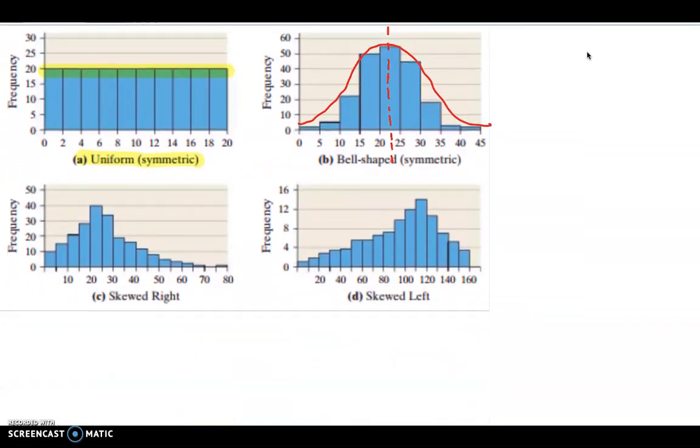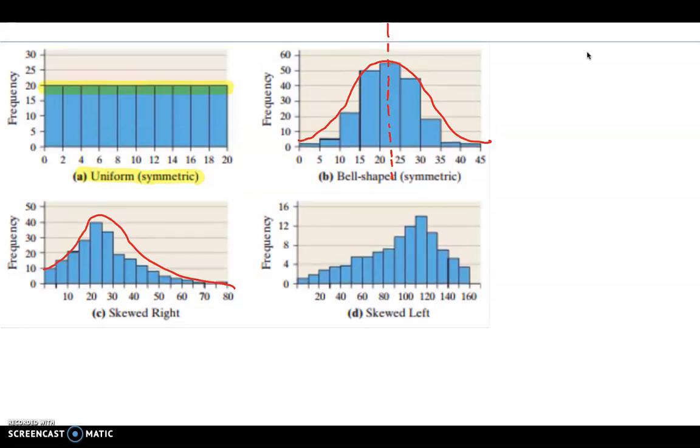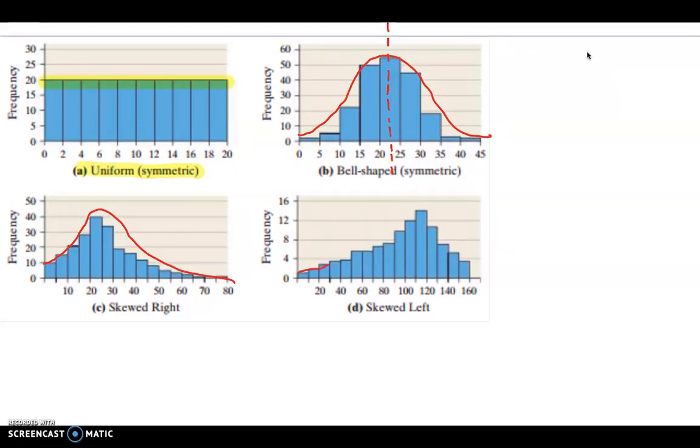Then you have right skewed. What right skewed looks like is an early peak, and then it tails off to the right, getting lower and lower. Left skewed, the tail is on the left-hand side, and then it peaks the farther you get to the right. Whether you're skewed right or skewed left depends on where the tail tends to drift off to.